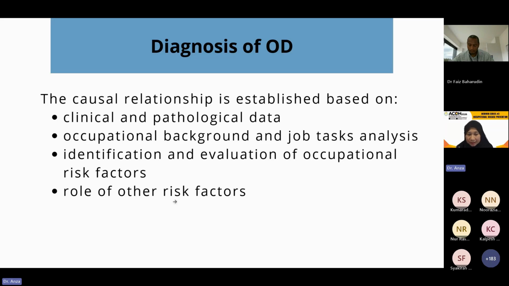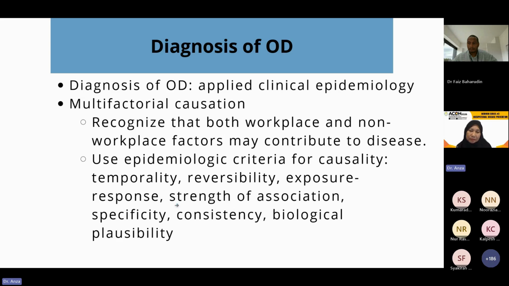We need to look at the exposure data, and lastly, we need to look at the role of other risk factors, because what we need to understand is that most of the time diseases are multifactorial, so we cannot forget about other risk factors. So it is an example of applied clinical epidemiology.